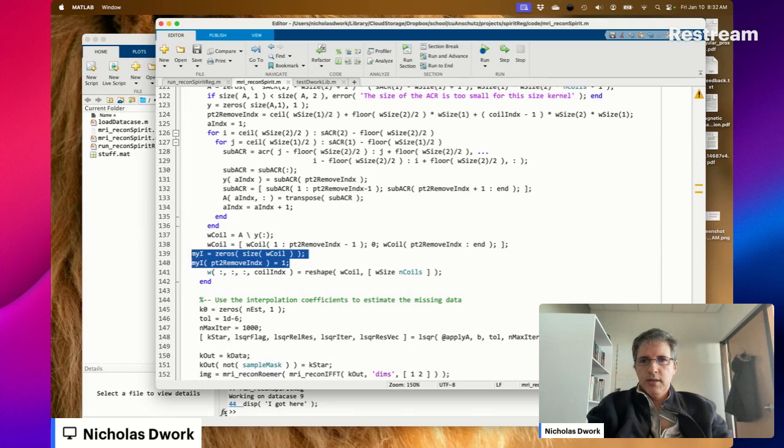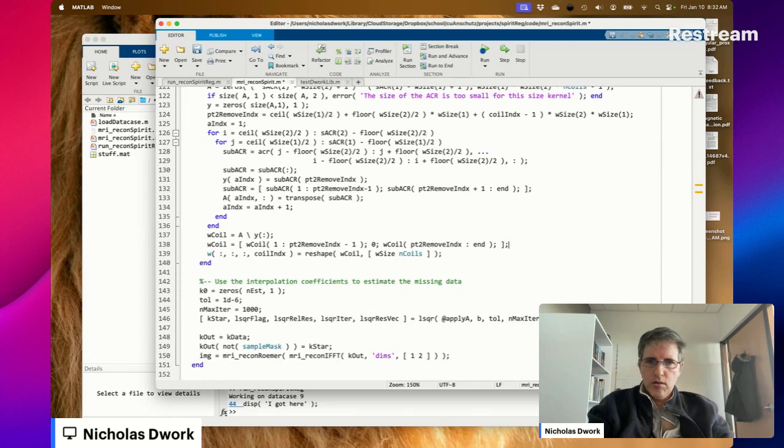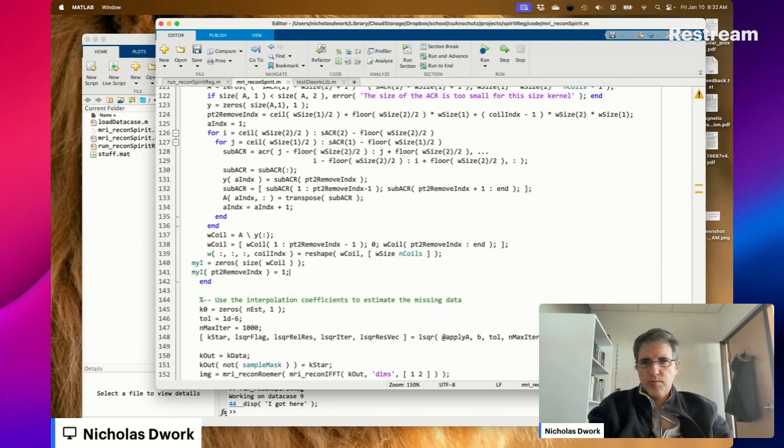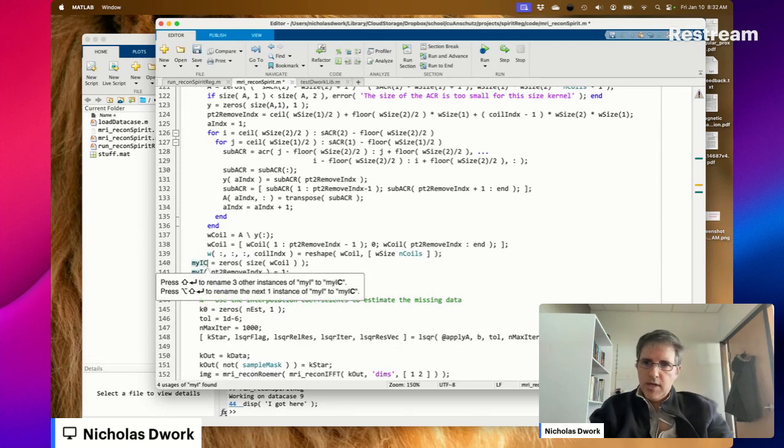So I put a 1, right? I made basically the identity matrix. No, I didn't.